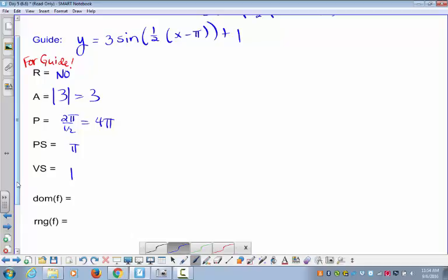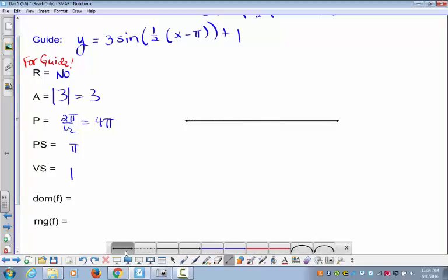So we jump to our sketch. X-axis. Where do we start? What characteristic do we start at first? Phase shift. Go to pi. And then, second step, period.